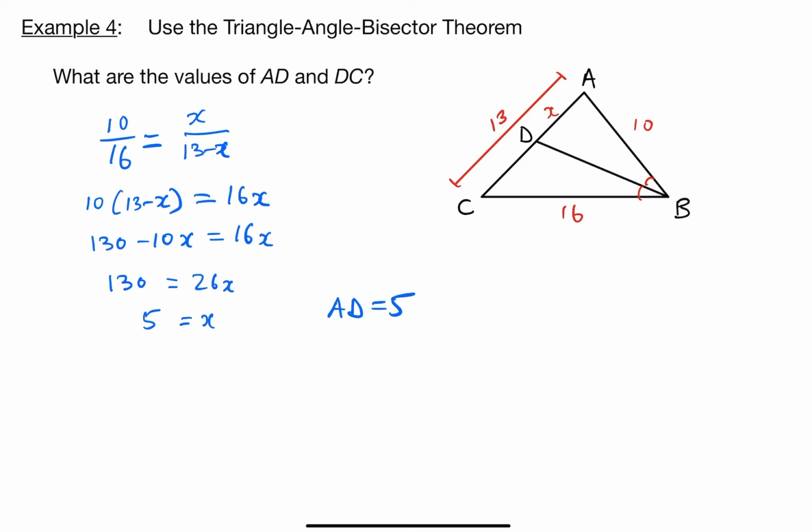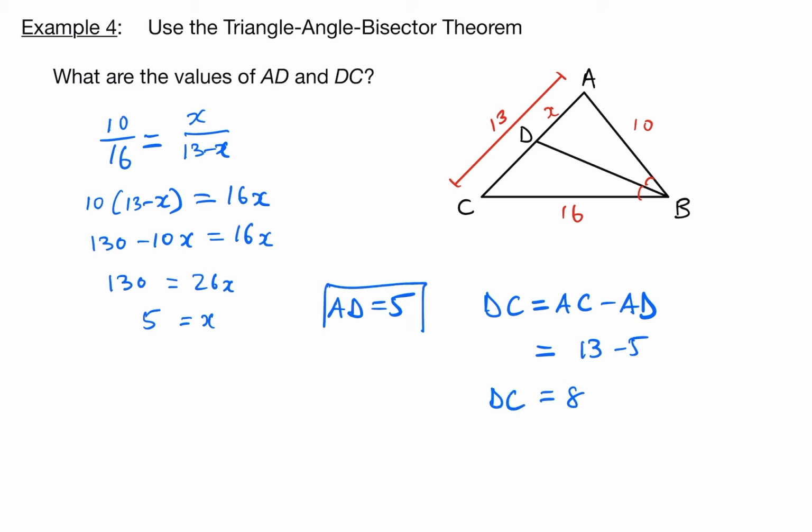And CD, or DC in this case, is equal to AC minus AD. AC is 13, and AD we just solved was 5, so 13 minus 5 works out to 8. So AD is 5, and DC is equal to 8.